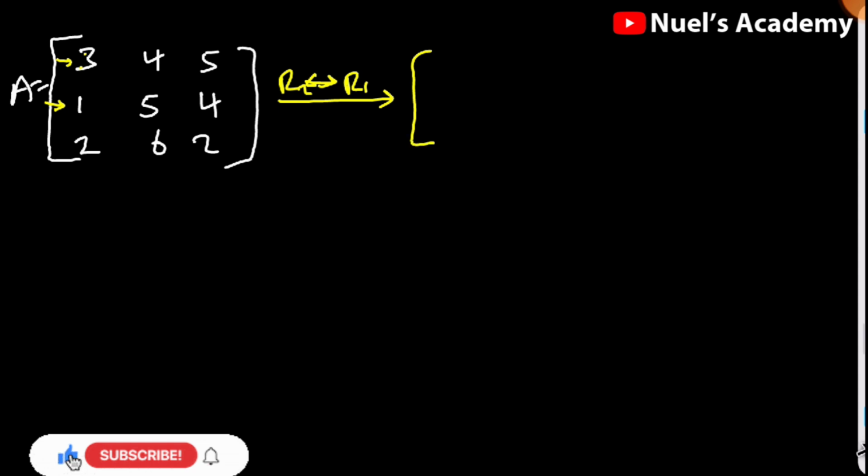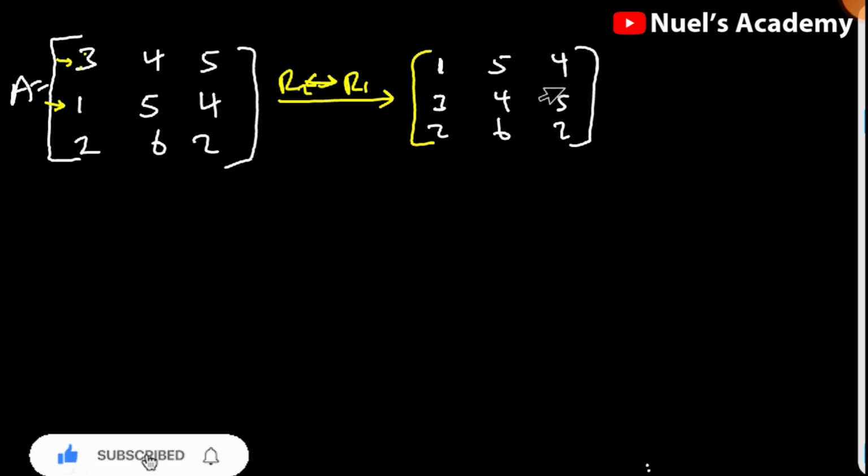When we do that, we're going to have 1, 5, 4, then 3, 4, 5, then 2, 6, 2. As you can see, we have swapped row 1 and row 2. Having 1 here will help us for easier simplifications.